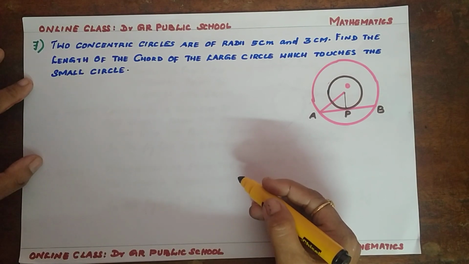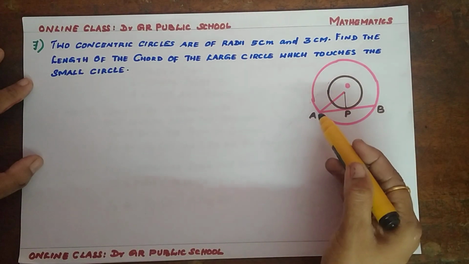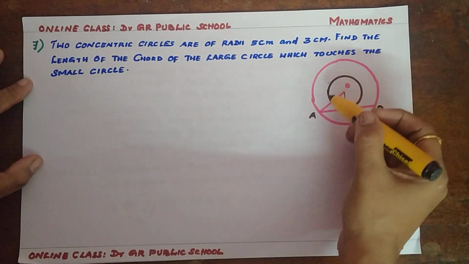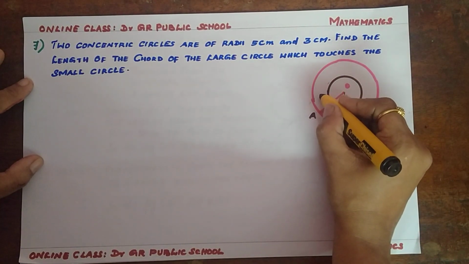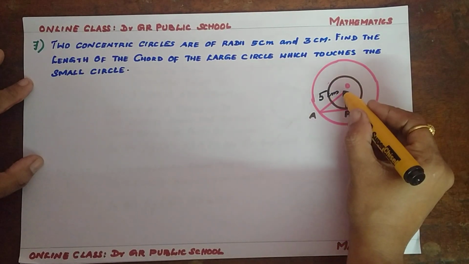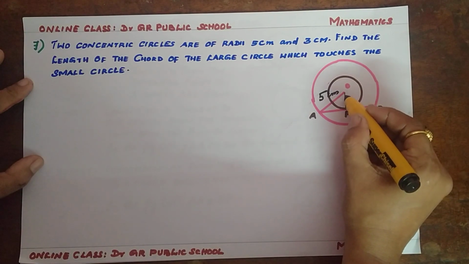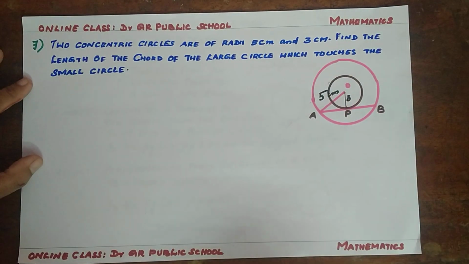All of you know that the larger circle has the larger radius. So we can take OA, the larger radius, as 5 cm, and the smaller radius from the center up to the second circle border as 3 cm.